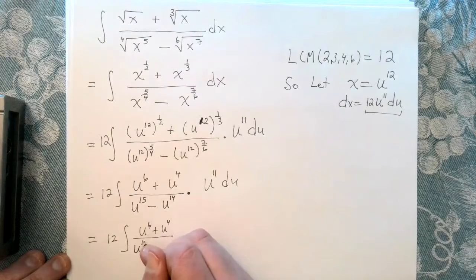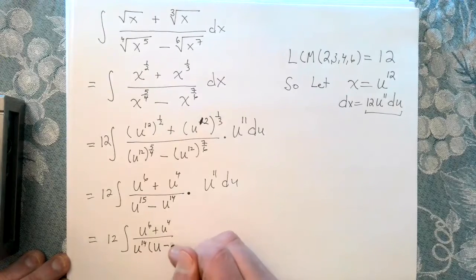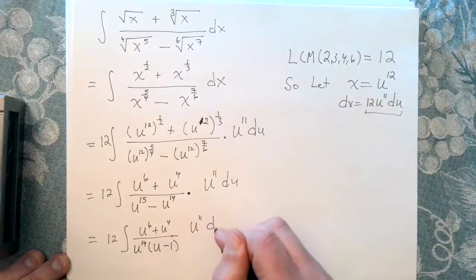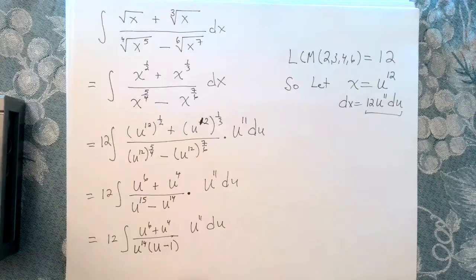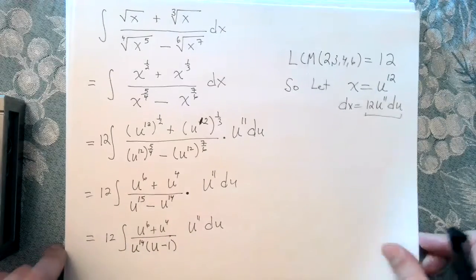So I can take out a u to the 14th. That'll leave me with, looks like u minus 1. So let's do that cancellation first, and then anything that's left over, we'll see if that plays nicely with the numerator. Just to take this in little bite-sized pieces.